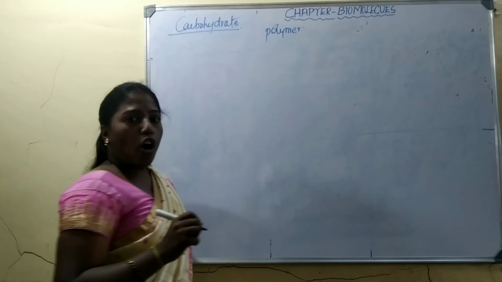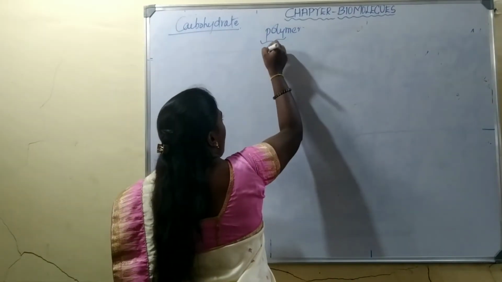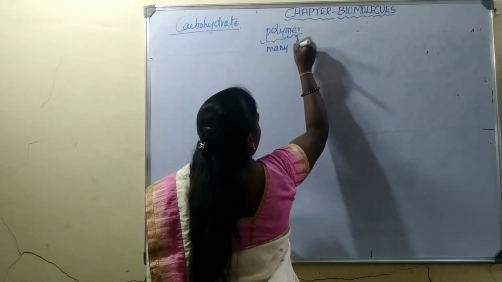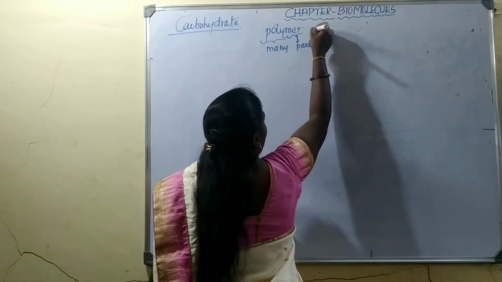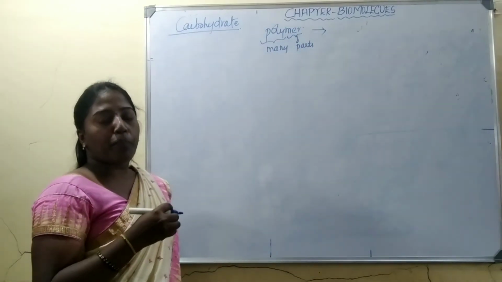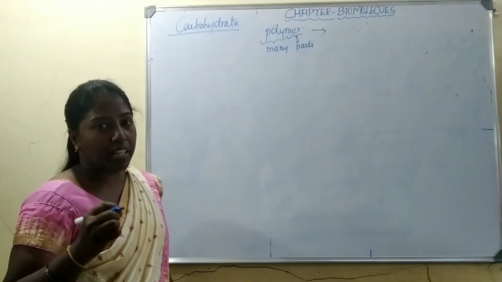What is the meaning of polymer? Poly means many, mer means parts. So a polymer is a large molecule which is made up of many small units which are similar.